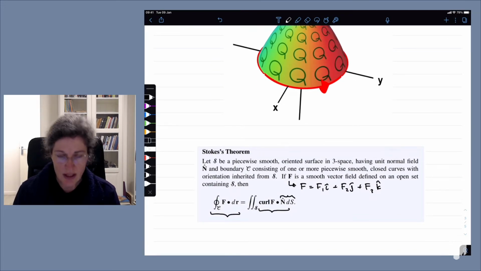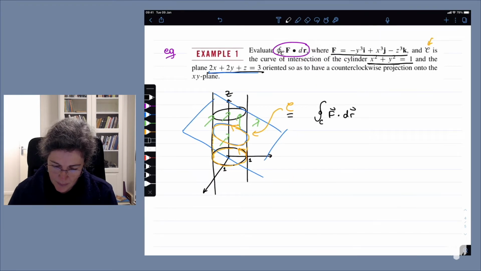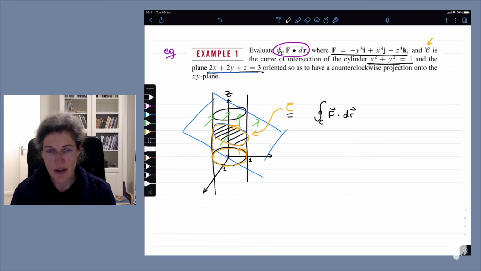So we need a surface which is piecewise smooth and oriented in 3-space with a normal field n. Okay, well, we do have that. What we're thinking about as our surface is this surface here, and that's nice and smooth, and we can find a normal field because it's a plane, so we could find normals to it, so that all works.